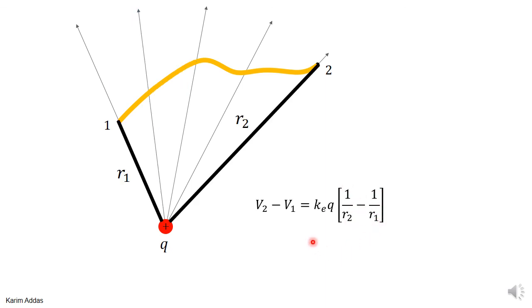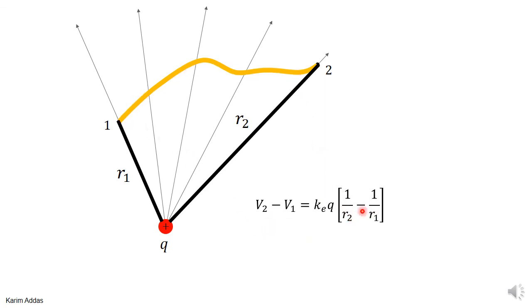And so that concludes the derivation, that we found that the potential difference between points 2 and 1 is just kq times 1 over r2 minus 1 over r1, or it's kq over r2 minus kq over r1, which is exactly the result we got in the previous derivation we did in the previous videos. And we show here then that the value of the potential difference doesn't depend on the particular path.